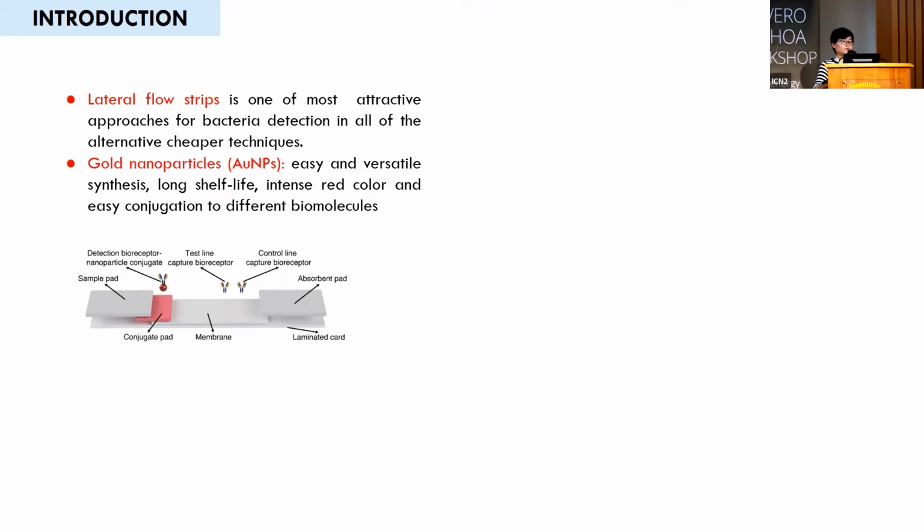You can use the naked eye or a colorimetric reader for qualitative or quantitative detection of the analyte. Most importantly, these nanoparticles can easily be conjugated to different molecules, for example antibodies, DNA, or aptamers.